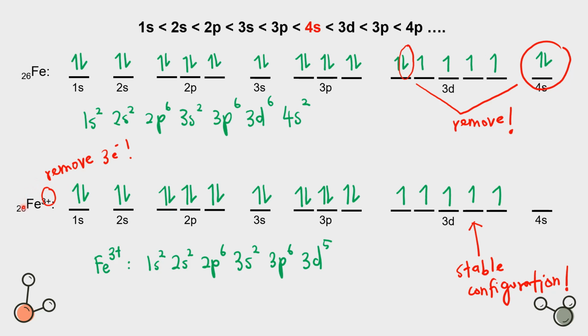In the case of ferrum 3+, 3 electrons must be removed from this neutral atom. The 2 electrons will be removed from the 4s orbital, and the other one is from the 3d orbital.